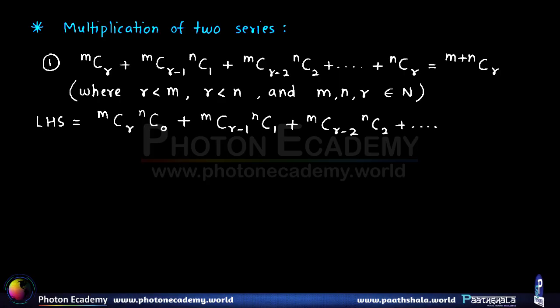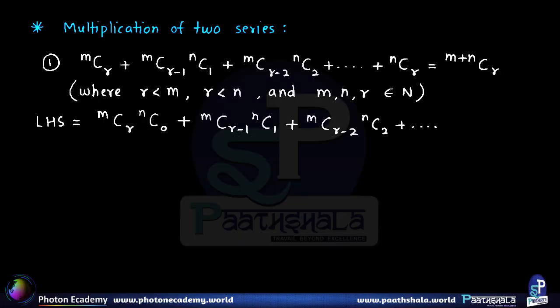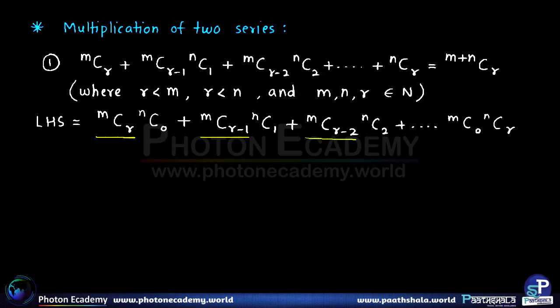Now similar to first term, the last term is also having one missing term, that is MC0, and the next term is NCR. Alright. So now here if you observe, all the terms that have M on the top, we will see that the lower numbers are decreasing from R to R minus 1 to R minus 2 and so on up to 0.